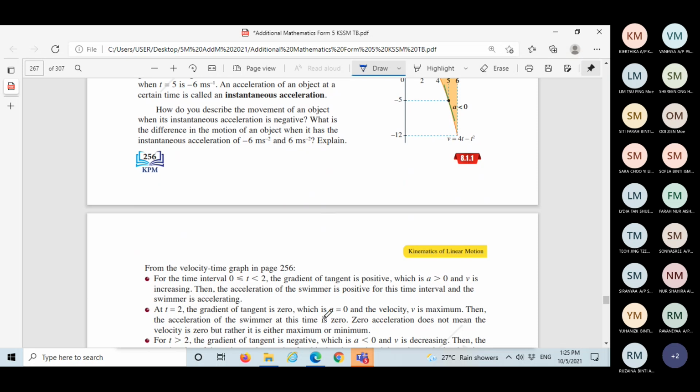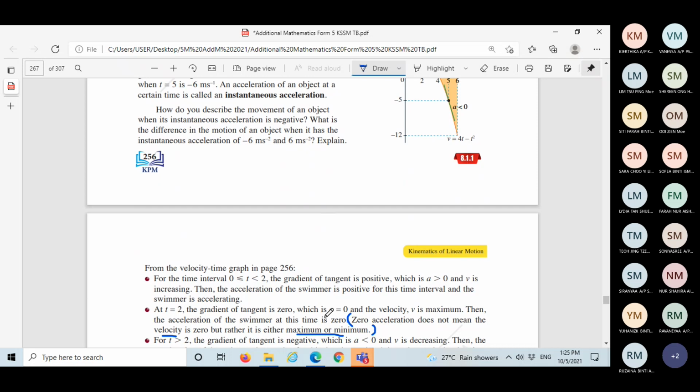Zero acceleration does not mean the velocity is 0, but rather it is either maximum or minimum. Remember, zero acceleration does not mean the particle is not moving. The particle is still moving, maybe. We don't know, but at that time the velocity is maximum or minimum. So all these concepts must be very clear.